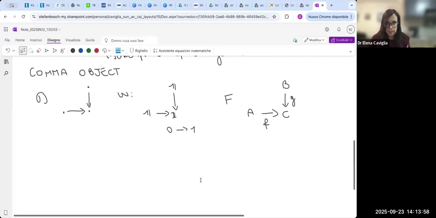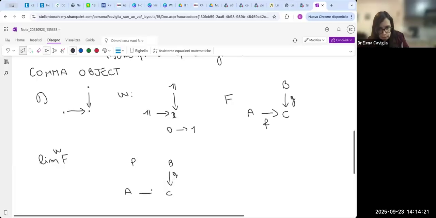And what is the weighted limit? So the limit of F weighted by W. It's like this. So it's going to be an object. Let's call it P because it's kind of a pullback. So here we have our G and our F. So an object P together with two morphisms, one into B and one into A, but also a two cell like this, say alpha inside the square.